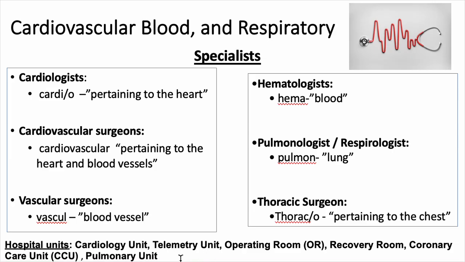So they would be admitted to the telemetry unit where their heart rhythm would be monitored. Of course, the operating room would be involved in any of these surgical procedures, and recovery room.